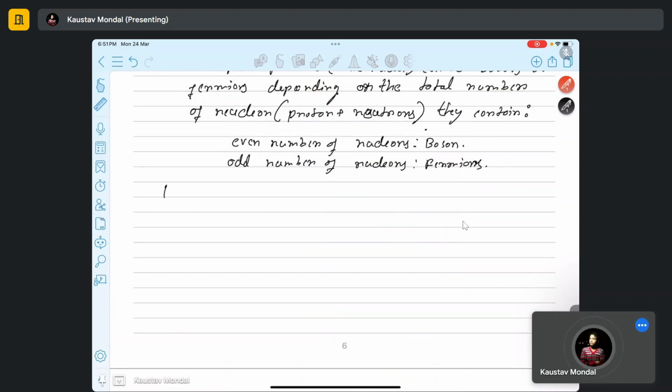Photon is a fundamental particle. These are not composite particles, so you cannot divide them into more particles; it is just one single particle.